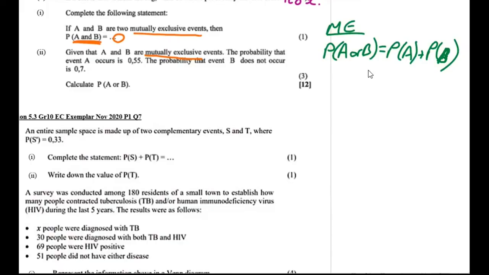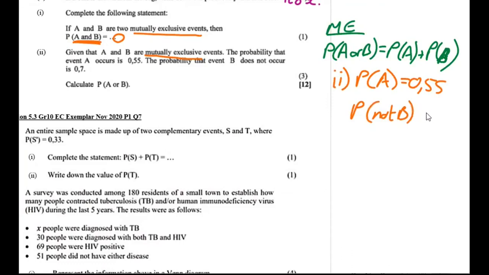It says the probability that event A occurs is 0,55. So the probability of A is 0,55. And the probability that event B does not occur. So that's the probability of not B. Remember, that's with the little apostrophe.